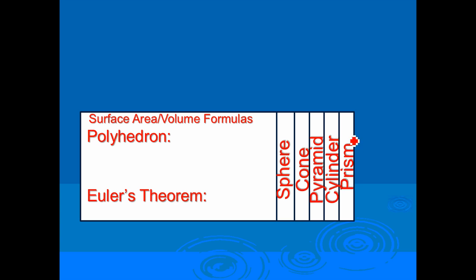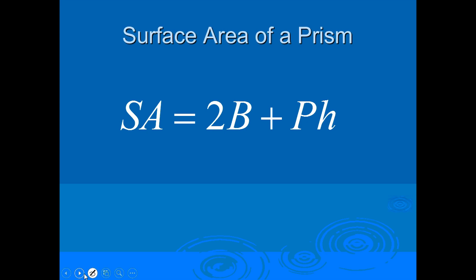Oh, your pages are different than mine. In the prism page there, on one side for surface area. Surface area is 2 times the area of the base. That's what the big B stands for. And then plus the perimeter of the base times the height. It will always work no matter what kind of prism we have.